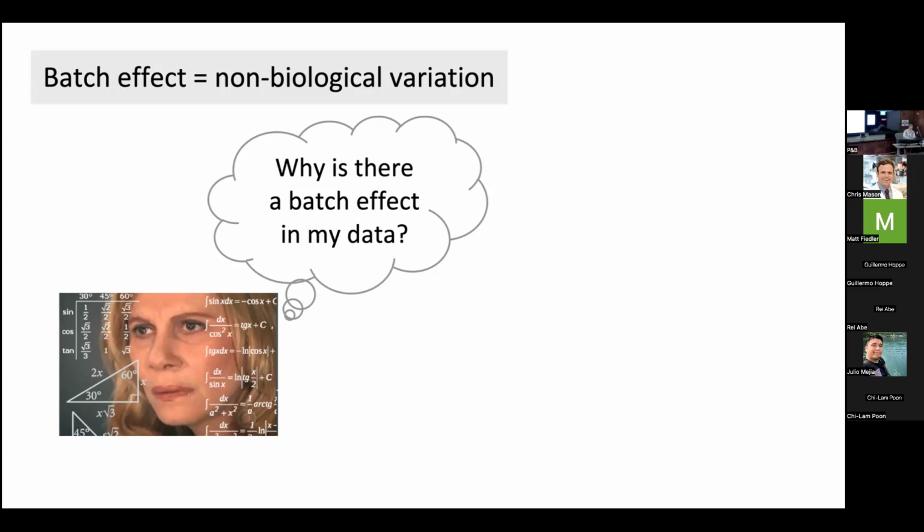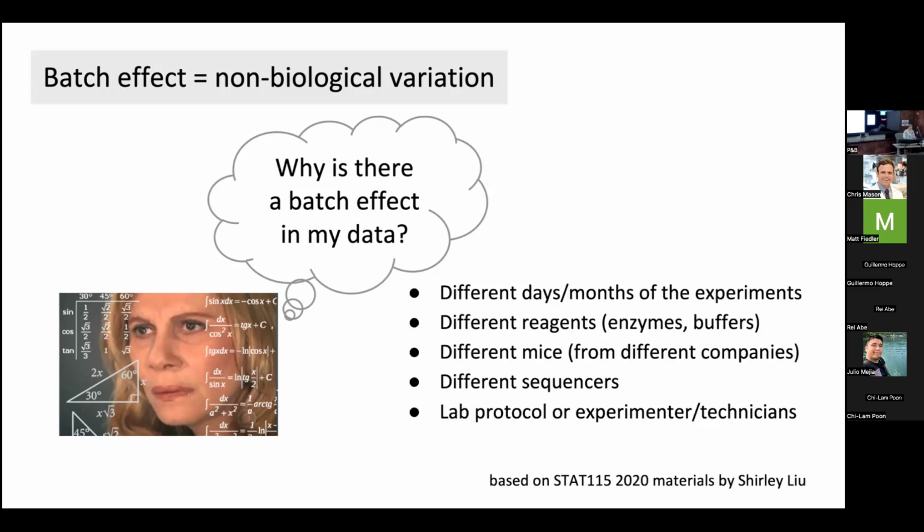But maybe we see the same samples clustering there for a reason, right? So all of the regression will assume that this is the technical noise that we want to remove, right? So like I said, different mice, different sequencers, different protocols, etc. These are all potential problems.